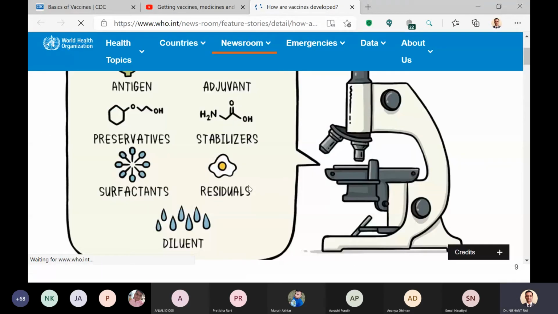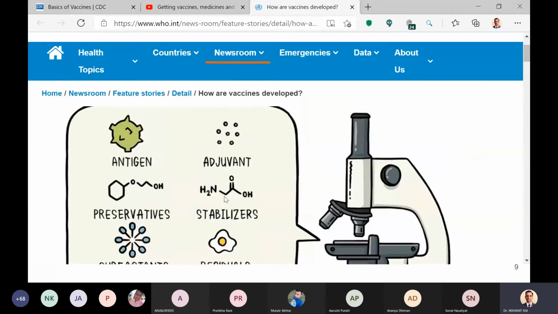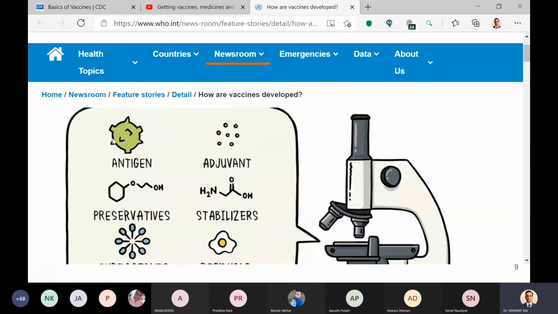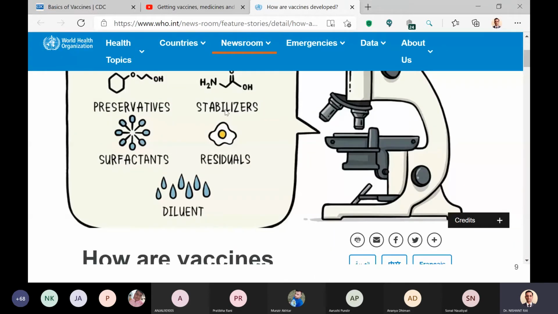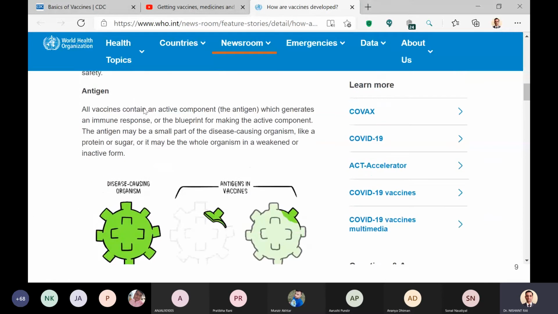this part, that a vaccine is actually a mixture of antigen, adjuvant, preservatives, stabilizers, surfactants, residuals, and diluents. So what is antigen here? Antigen is actually a part of the organism.